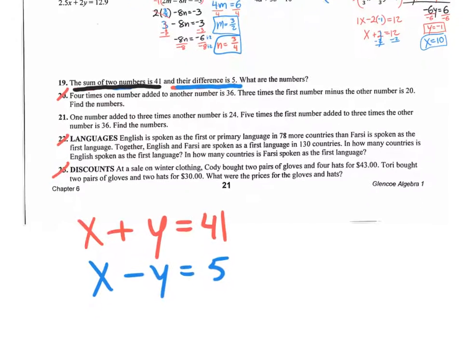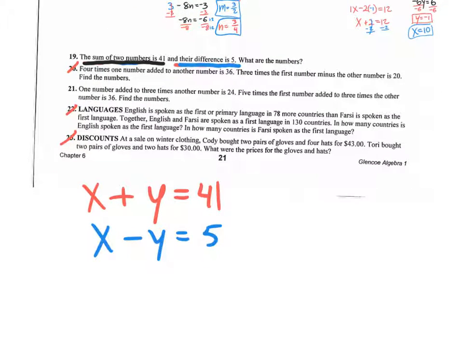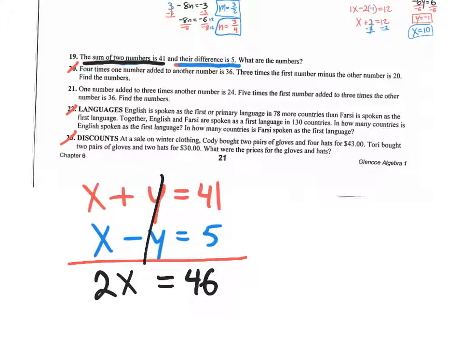So on number 19, when I look at it, it's ready to eliminate. The y's eliminate. X plus x is 2x's equaling 46. And if you divide by 2 on both sides, x will equal 23. And if you have one answer and you need the other, you simply plug it in.